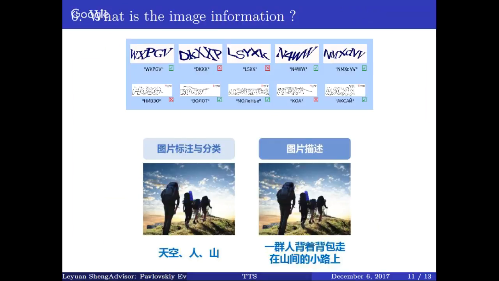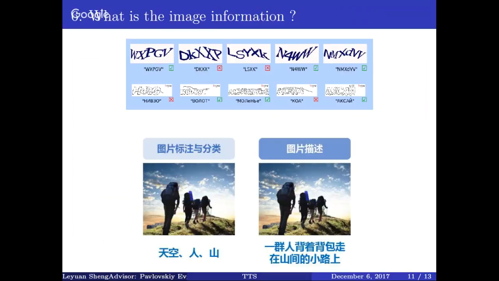And what is the embedded information? First, this is text, and some text is okay. And this is the embedded information we can read. You can see this is the sky, people, and the mountain.